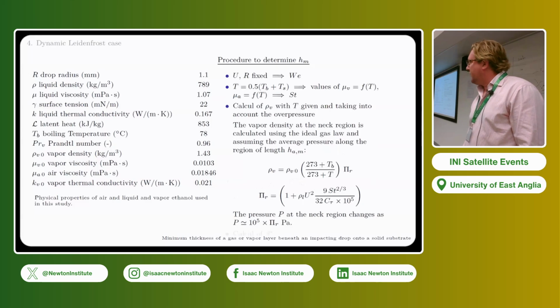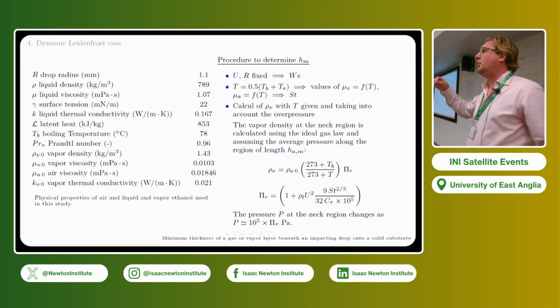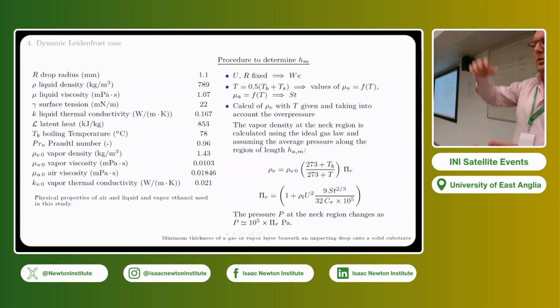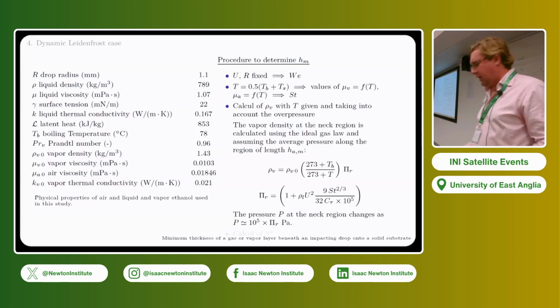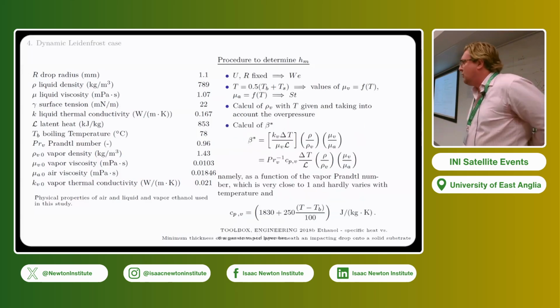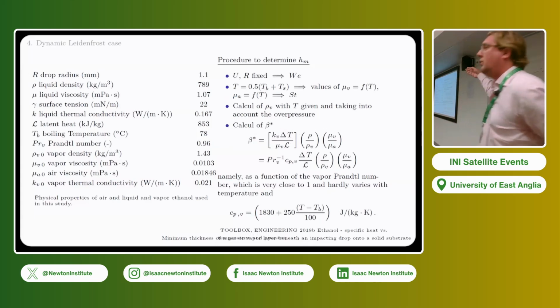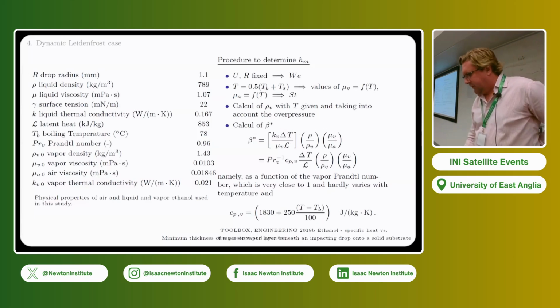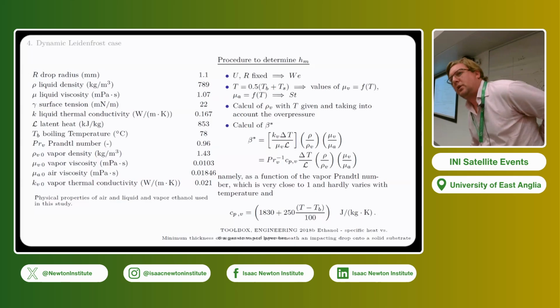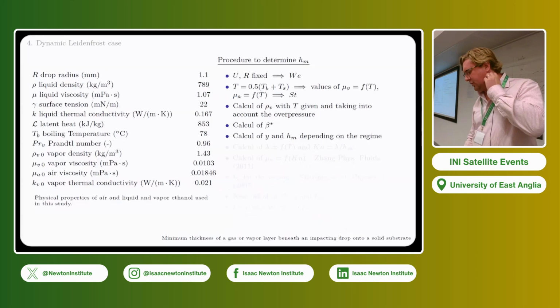We calculate the density of the vapor, taking into account the effect of the temperature and also the overpressure in this region, where you have the minimum thickness. We calculate the B star, which depends on all the variables that I have calculated before, and taking also into account the heat capacity of the vapor at constant pressure, the evolution with the temperature.